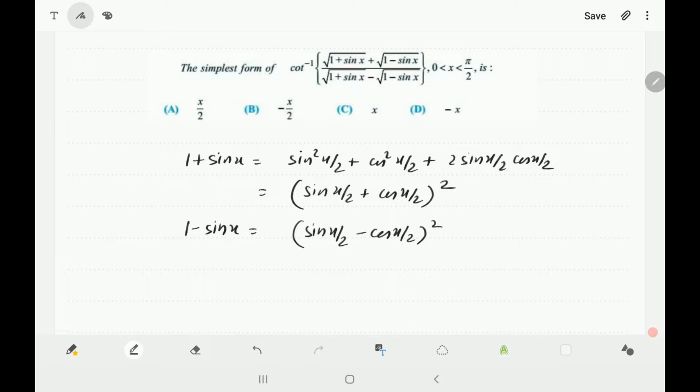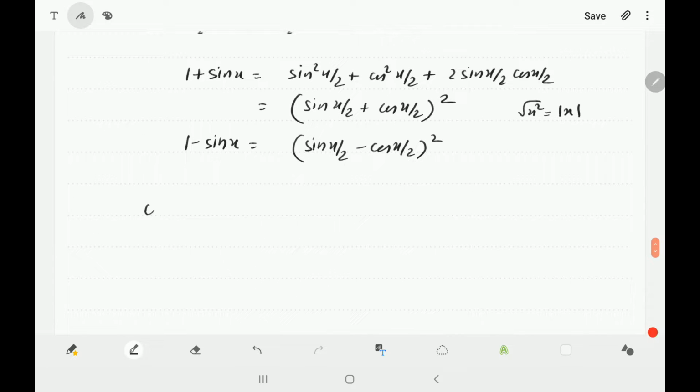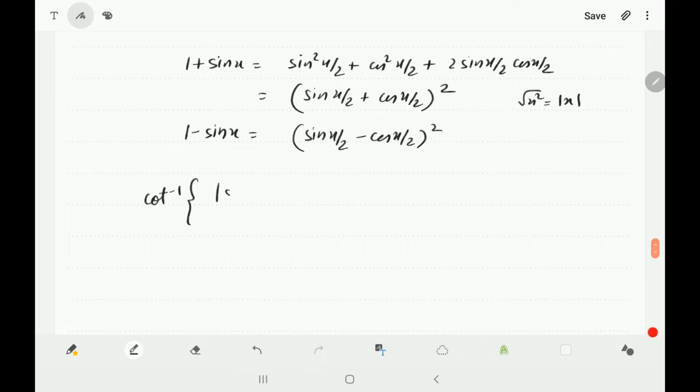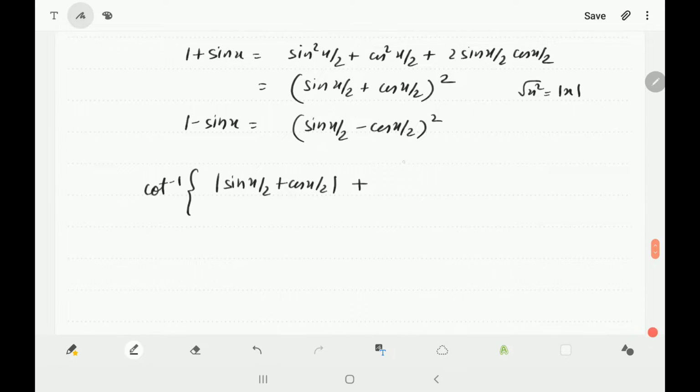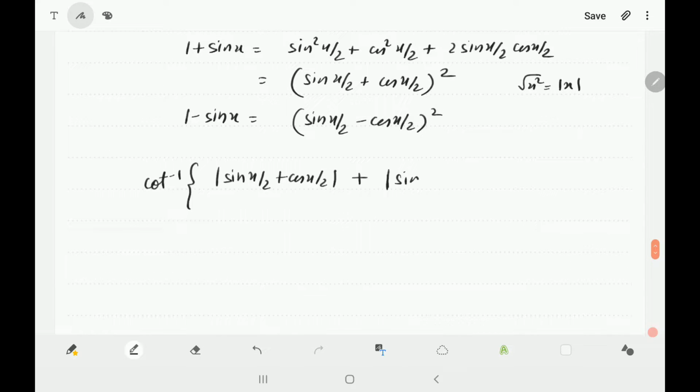Now under root of this term will give us modulus, because under root of x square is the same as mod x. So now we are left with the term cot inverse in the bracket, mod of sin x by 2 plus cos x by 2 in the numerator plus mod of sin x by 2 minus cos x by 2.